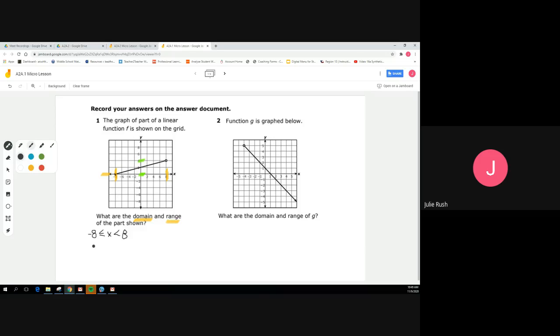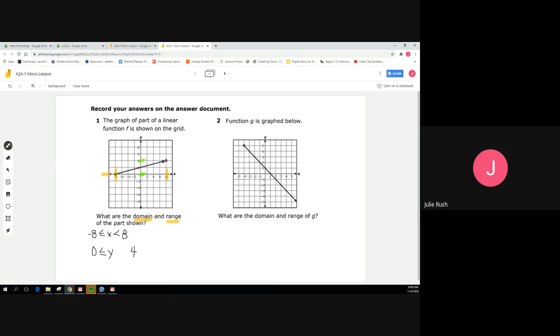So on the bottom, I have 0. And then the top boundary is 4. Now, where I'm located at 0 is the closed dot. So that means that I am going to include the equal sign in that inequality.